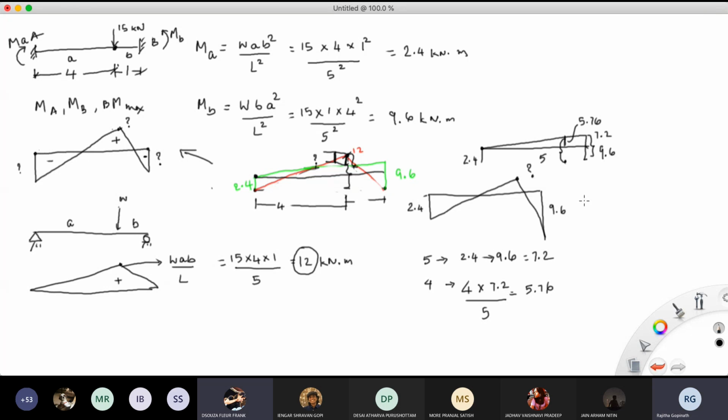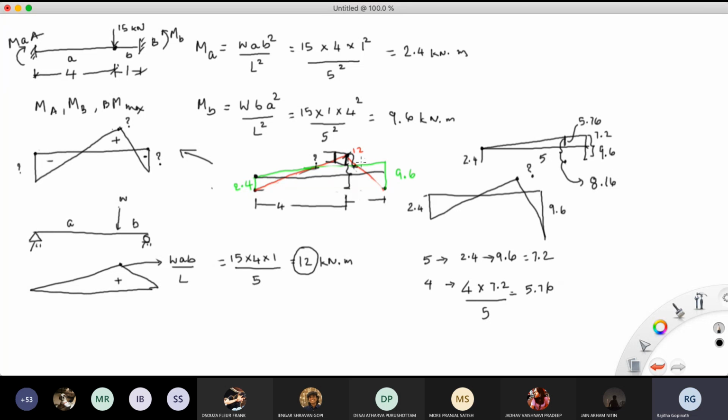Yeah, 2.4 plus 5.76 gives me 8 point something, 8.16, right? So this entire distance is going to be, let me just write here, 8.16.